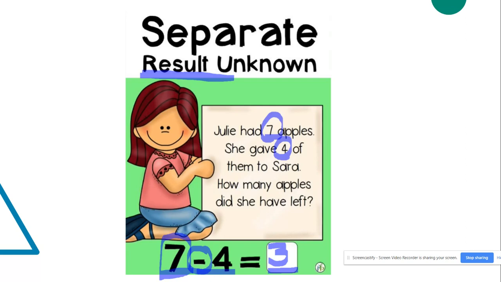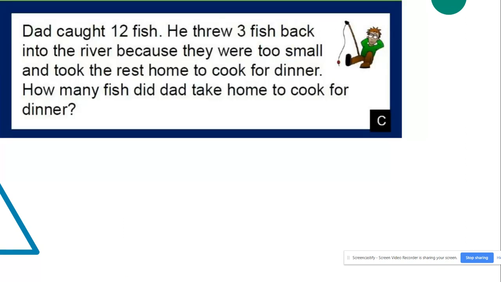So we're going to do a couple more of these together. I'll read the problem to you. Dad caught 12 fish. He threw 3 fish back into the river because they were too small. And he took the rest home to cook for dinner. How many fish did Dad take home to cook for dinner?